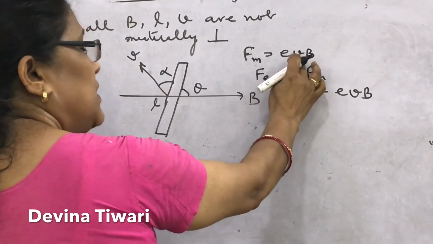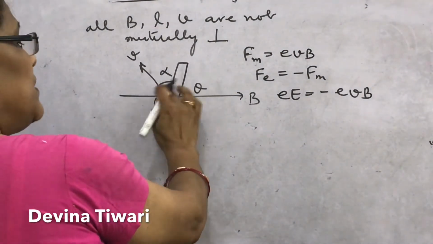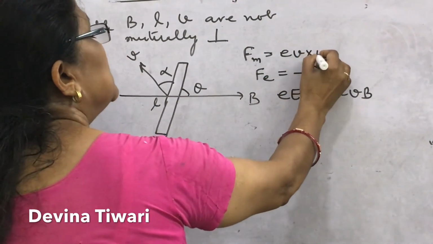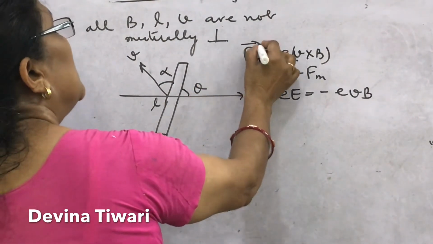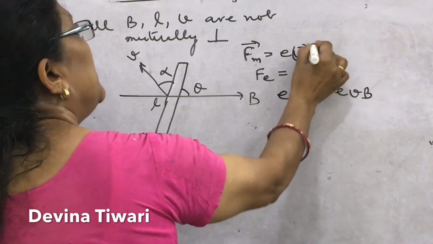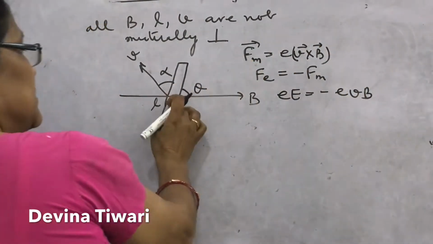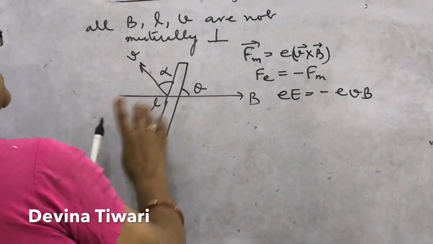Here, not only eVB. Look here, this V and B, what will you write? This is e V cross B, because eVB can be written only when the angle between V and B is 90 degrees, as sin 90 will be 1. What is here? This is V, this is B. So how can you find it?